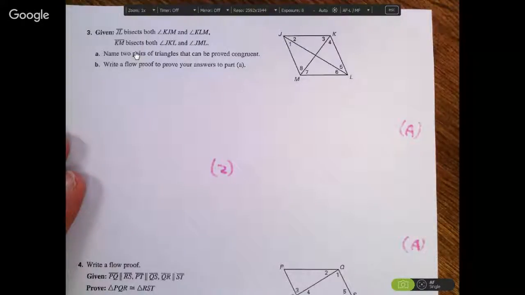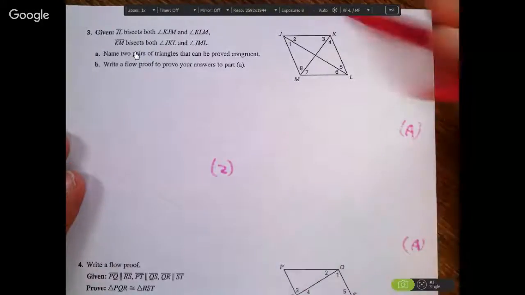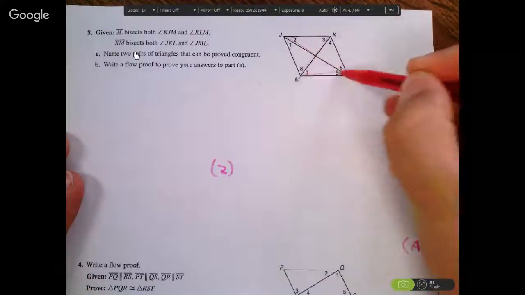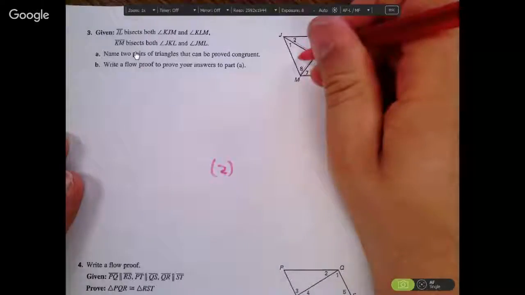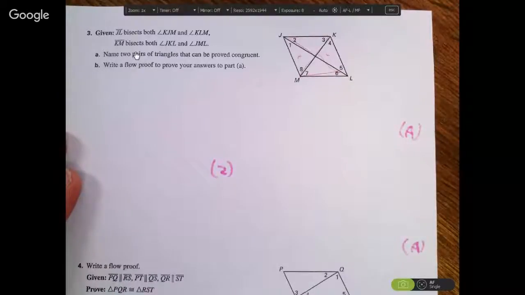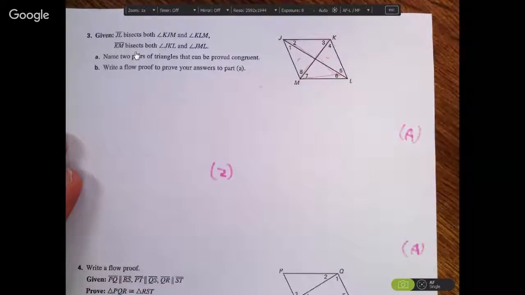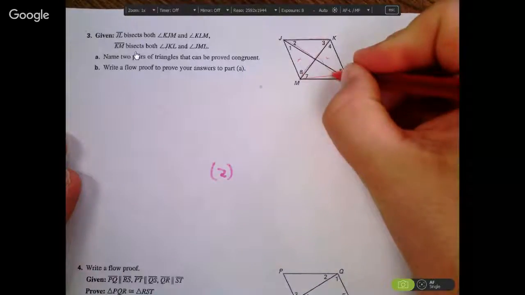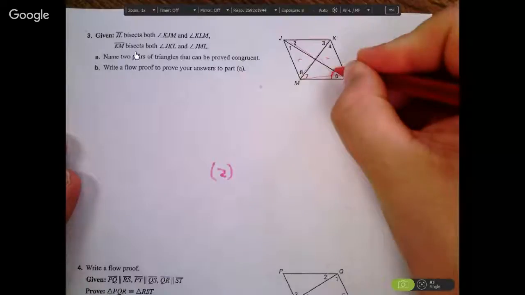So I'm guessing I can prove either these triangles congruent or the ones across from each other. It says name two that you can prove. JL bisects. Okay, so we're told that if it bisects, then what's true about this angle and this angle?